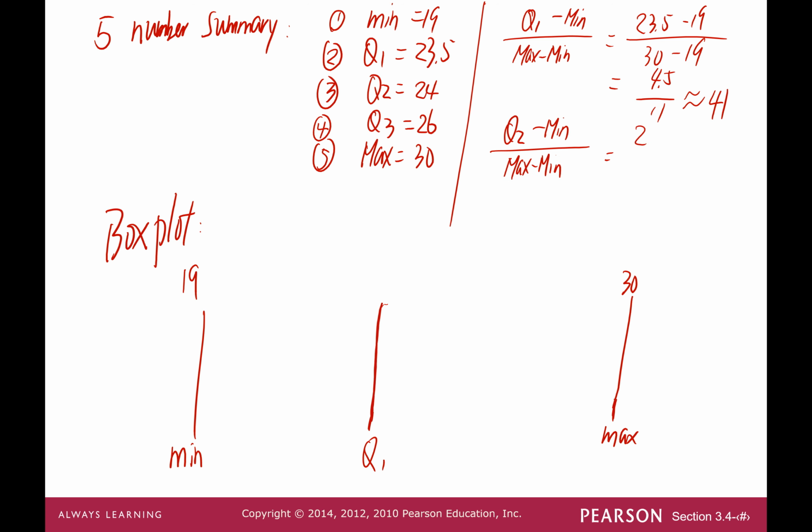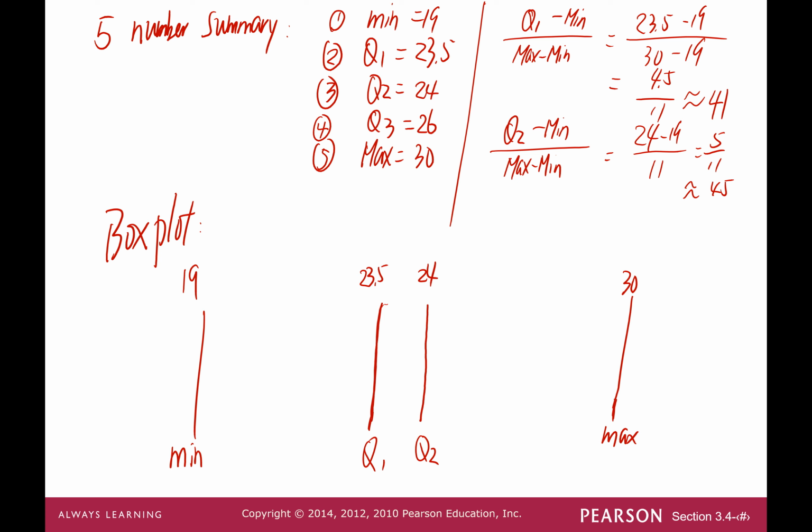So it's going to be 24 minus 19 over 11. So it's 5 over 11. And that's 45% approximately. So that means they are very close. 45 is very close. So quartile 2 should be somewhere here. Okay. 23.5. This is 24.